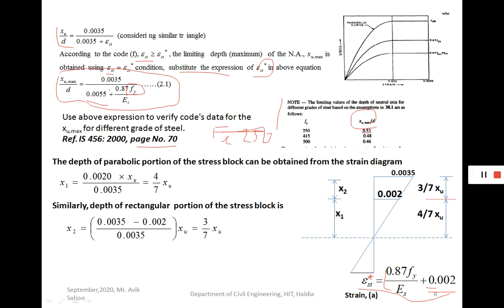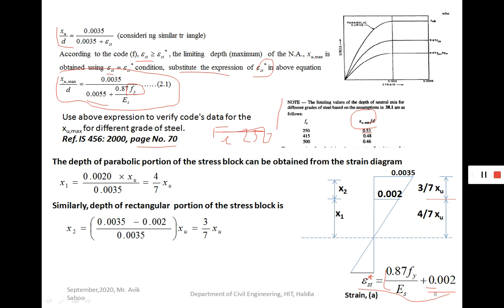This is exactly the same thing we get from this expression, which is given in the code, equation 2.1. Just putting the value, we get this expression, which is given in the code.